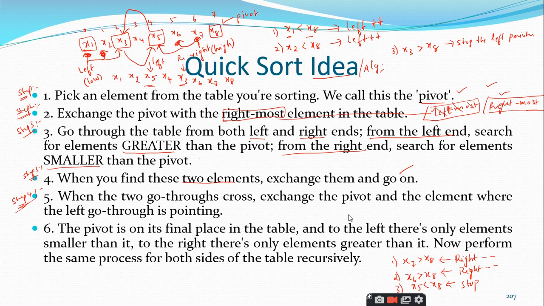But when you throw the pivot to the leftmost element, when two pointers cross each other, you have to swap the pivot element with the element pointed by the right pointer. This is very important. And you have to keep on implementing this quicksort algorithm recursively on both the subarrays until you get the list of elements sorted in order.